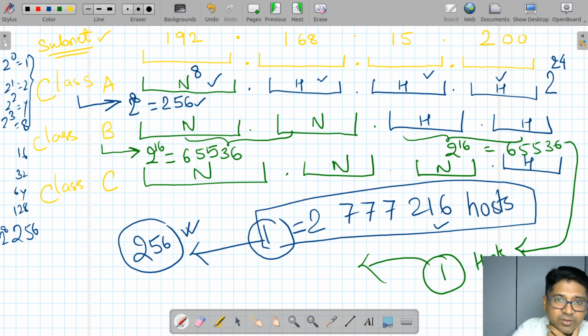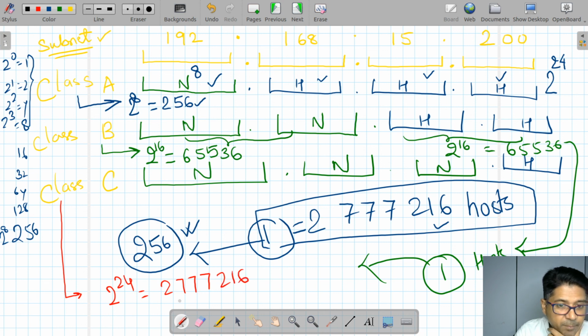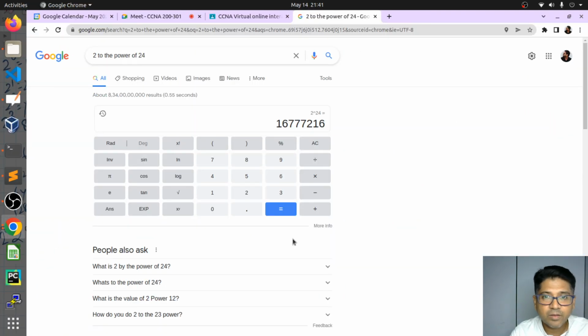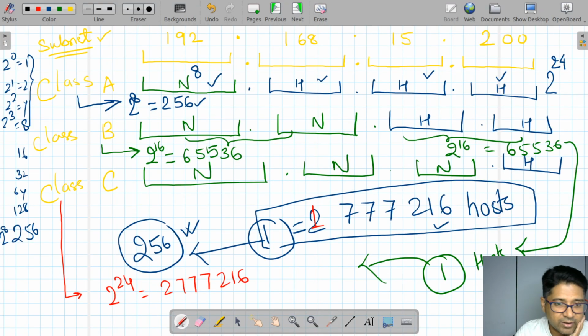Let's come to class C. I'm going to write it down in different colors. In class C, how many network bits? 2 to the power 24, which is 16,777,216 networks.